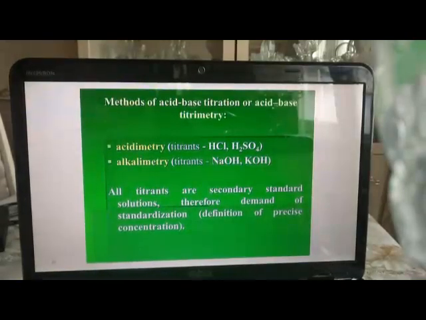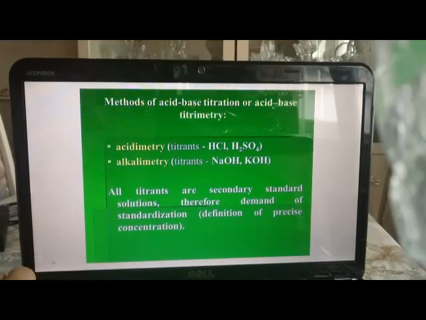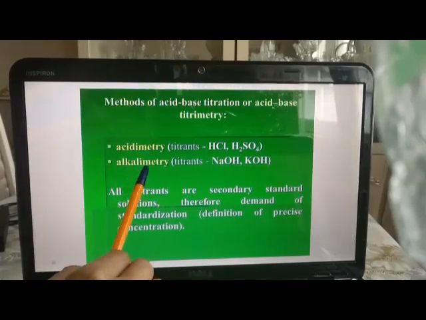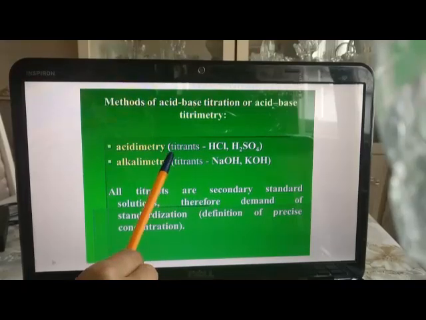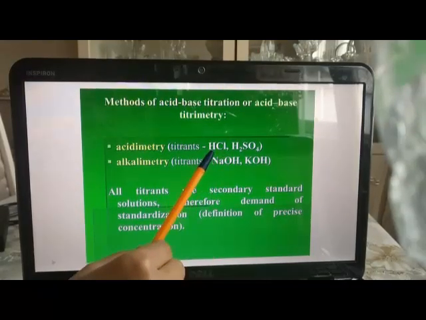Acid-base titration is divided into two parts, acidimetric and alkalimetric. In acidimetric titration, as we see from the name of the method, acids such as hydrogen chloride and sulfuric acid are used as titrants.